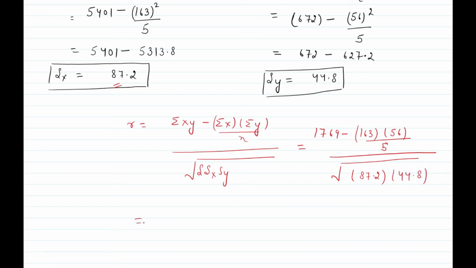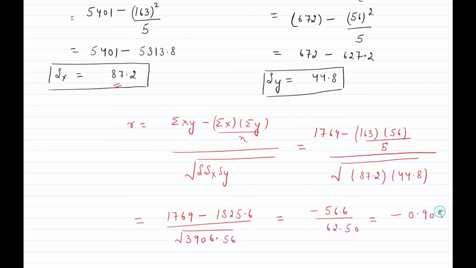Okay, so let's calculate. 1769 minus 1825.6 upon the under root of 3906.56, which comes out to be minus 56.6 upon 62.50, and that is equal to minus 0.905.